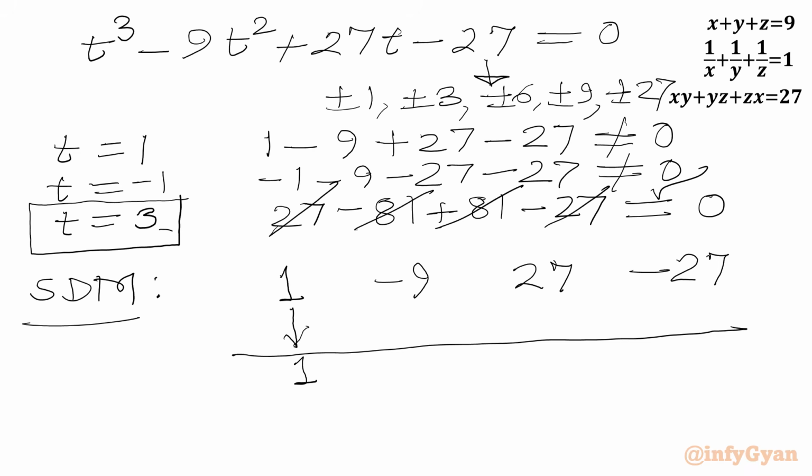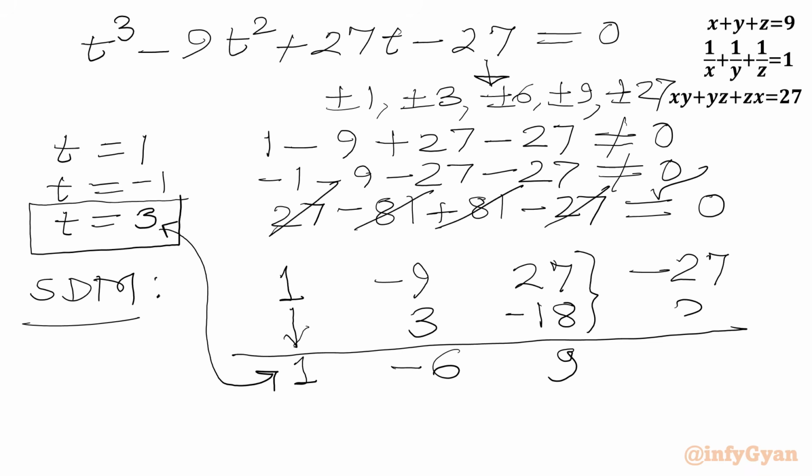Now we will multiply our base solution with this leading coefficient, so 3 times 1 we will write here. Minus 9 plus 3, we will add both the numbers: minus 6. Again we will multiply base solution 3 with minus 6. The product will be minus 18. We will write here. Now we have to add these two. We will get 9. 3 times 9 becomes 27. Once we add these two, we are going to get 0.